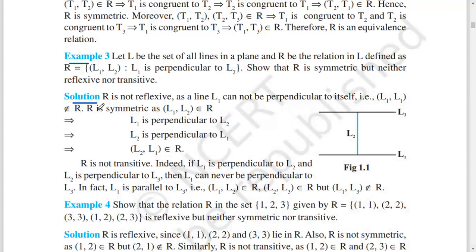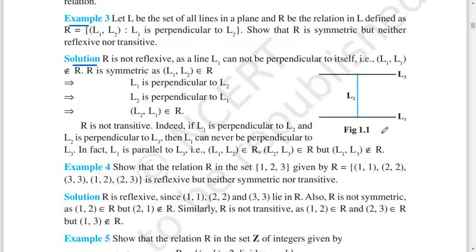Solution: R is not reflexive as a line L1 cannot be perpendicular to itself, that is (L1, L1) does not belong to R. R is symmetric as (L1, L2) belongs to R, that is L1 is perpendicular to L2, that is L2 is perpendicular to L1, that is (L2, L1) belongs to R. Figure: L1, L2, L3.